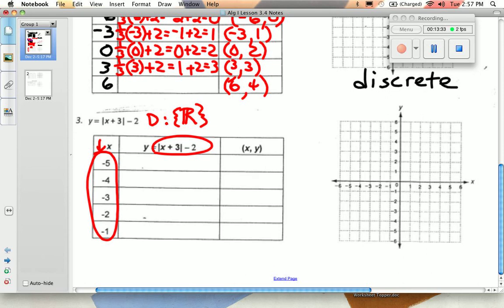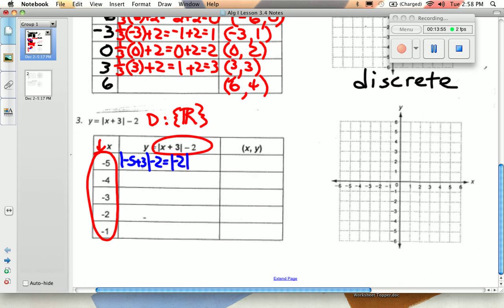So now we're going to do this, and it's really going to get tight, so don't write very big in here. -5 goes in for x, add 3, absolute value bars are around that, take away 2. So what is -5 plus 3? -2.